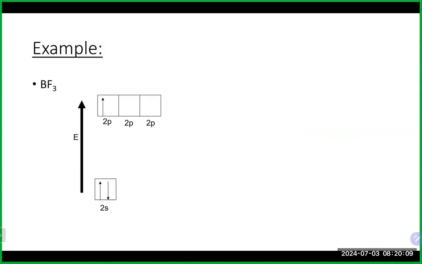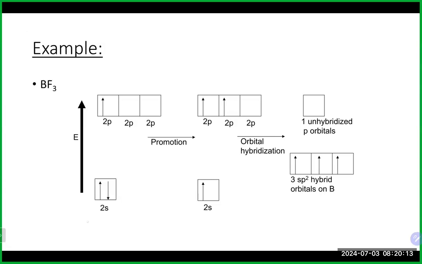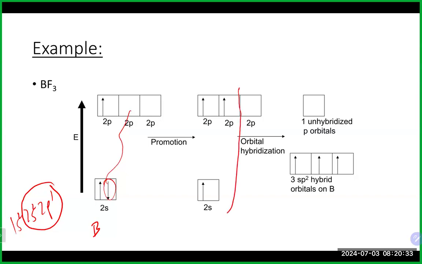An example of this is boron trifluoride. Once again, what we're looking at is boron's electron configuration, which is 1s2, 2s2, 2p1. That's the three valence electrons of boron. Once again, this lower electron is going to come up and fill, and then those two p orbitals and one s orbital are going to hybridize.